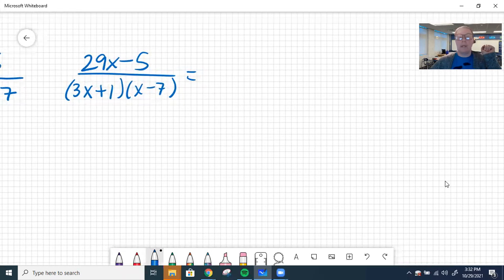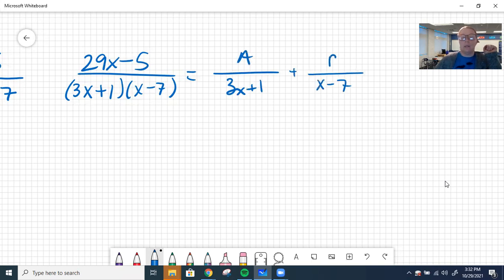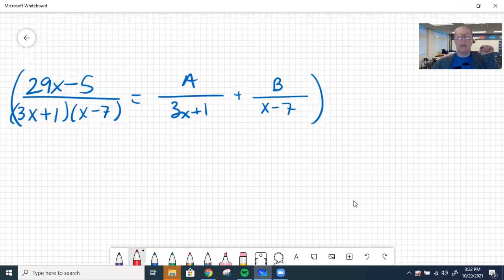Okay, and then the same thing as before. What must the two denominators have been? So that would be 3x plus 1 and x minus 7. I'm going to call this a and this b. I'm going to multiply through by my common denominator, and I'm just going to do it on this side because I don't have a lot of room. It would be 3x plus 1 times x minus 7.